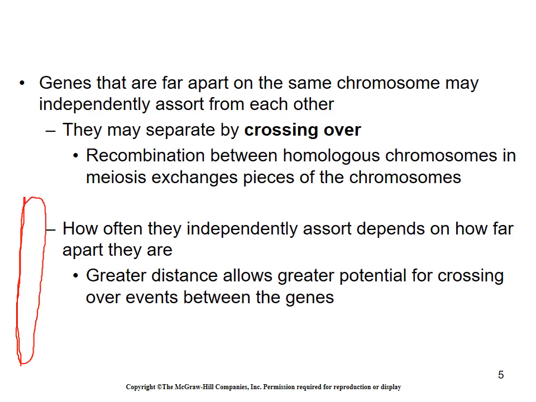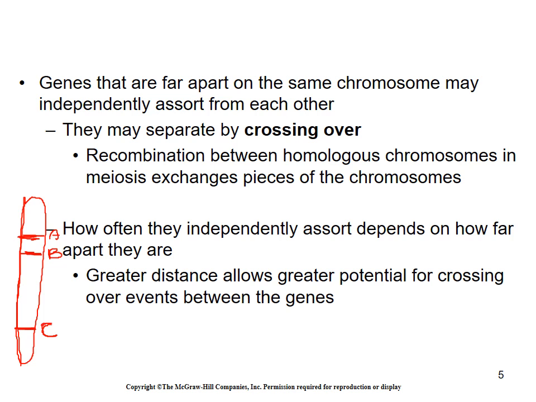What I'm trying to tell you here is that if I'm looking at 3 different genes, genes A, B, and C, and what I see is that A and B are very closely located together, whereas there's a great bit of distance between C.